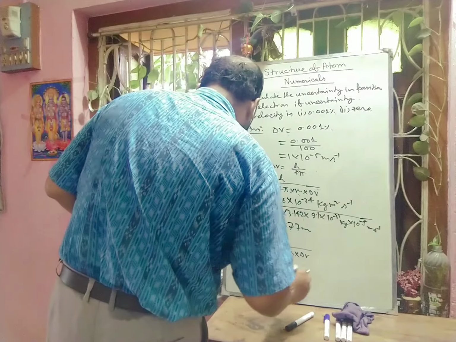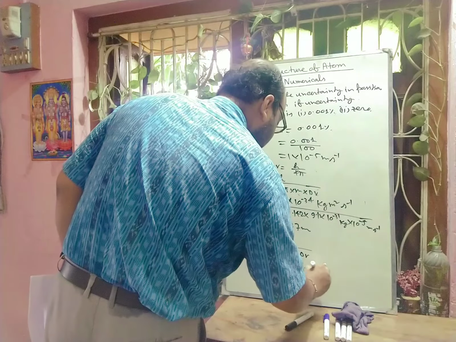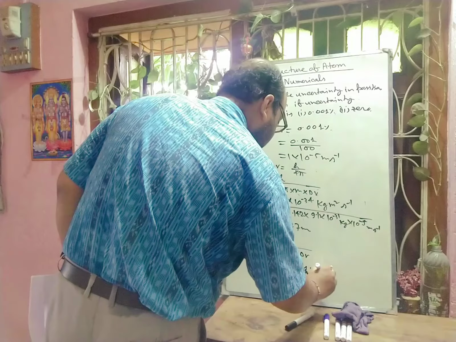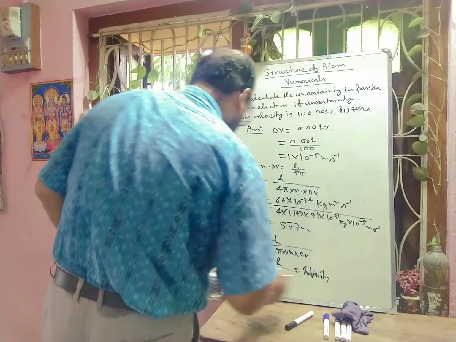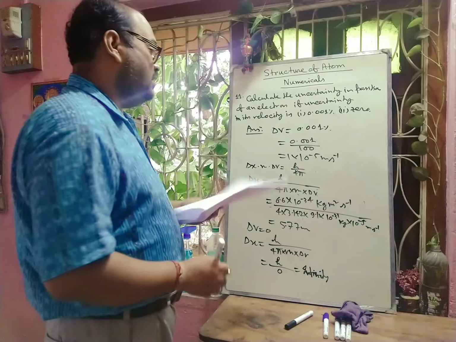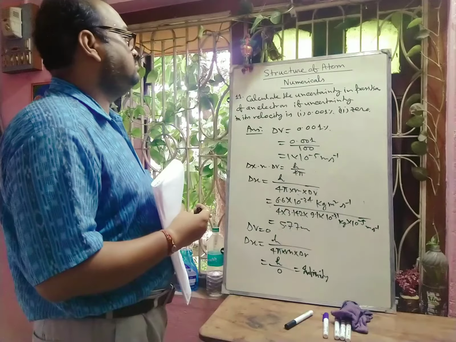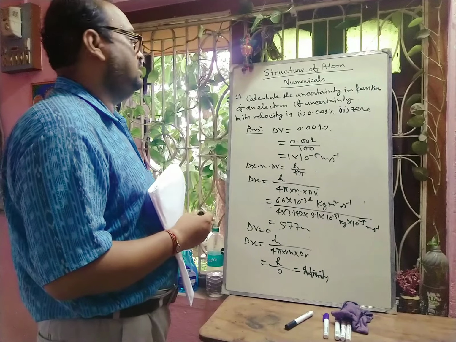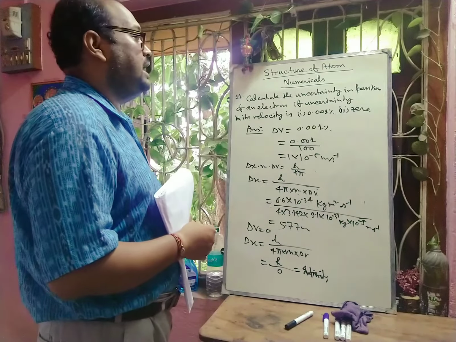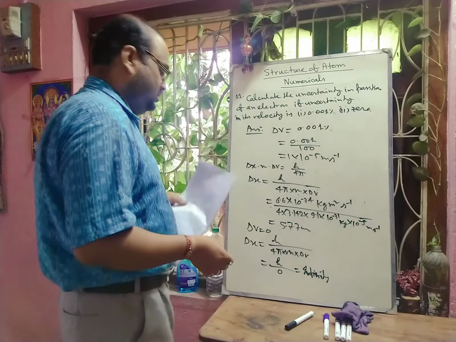That will be undefined or infinity. Okay, so this will be your answer. That is the uncertainty in the position of the electron when the velocity is 0 and another velocity is 0.001%.